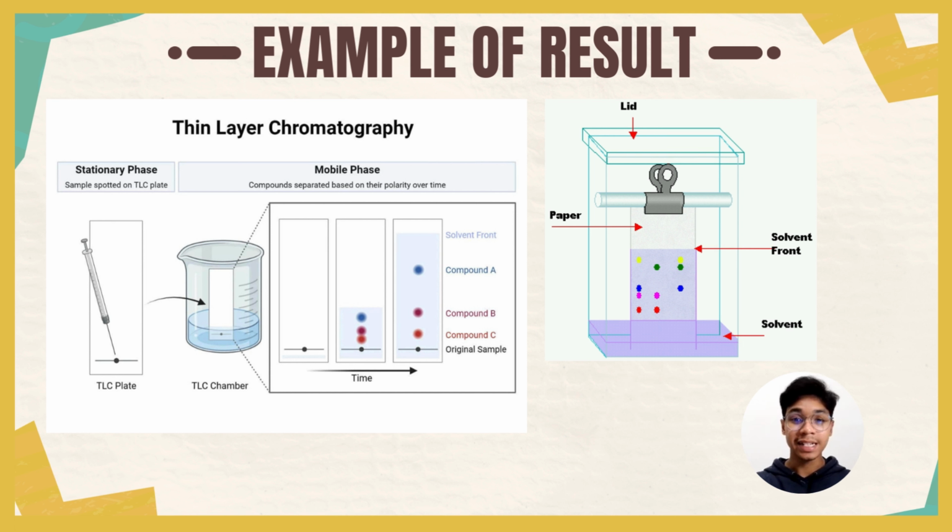In the diagram, you will see on the TLC the presence of tiny colored dots. These dots indicate the presence of chemicals in our samples. That's why TLC is commonly used in testing for the presence of drugs.